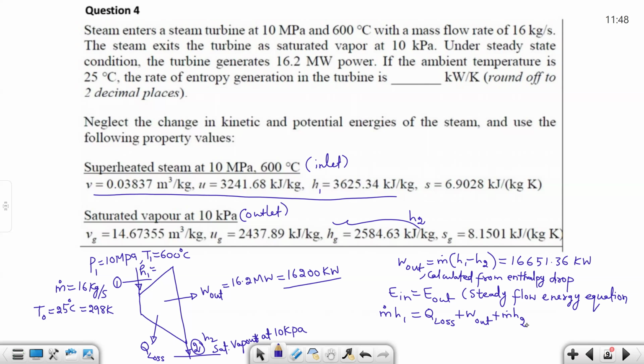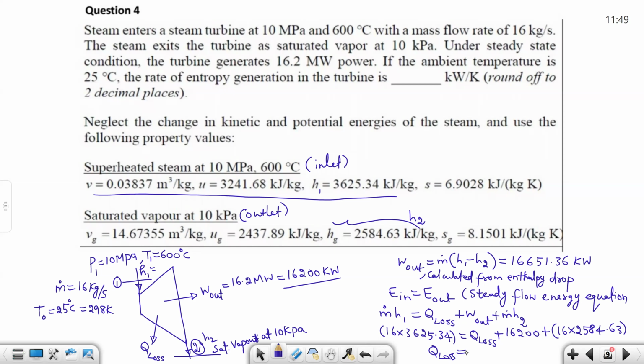So now m dot h1 is 16 into 3625.34. Heat loss is what we wanted to calculate. Work output, everything is in kilowatt, so you can substitute in kilowatt, plus m dot into H2, 2584.63. So heat loss is given indirectly, explicitly not mentioned in the problem.